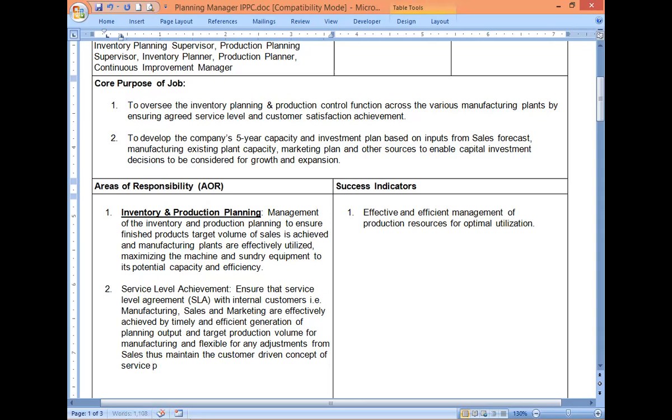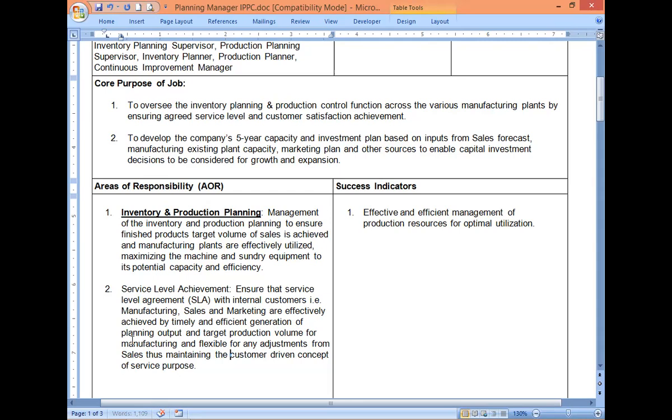I would say purpose, service purpose. Okay. Volume for manufacturing and flexible for any adjustment from sales, thus maintaining should be right, correct? That should be the progressive tense, thus maintaining the customer driven.